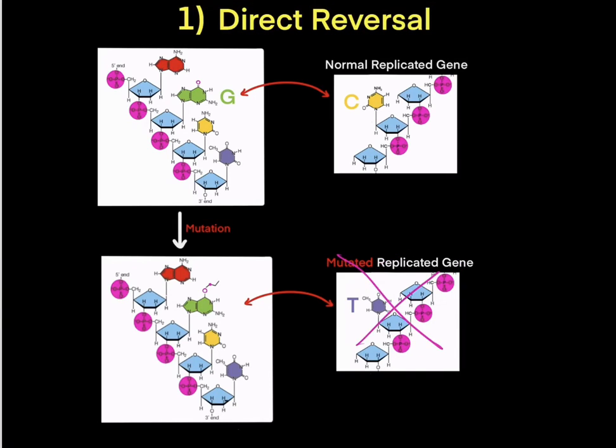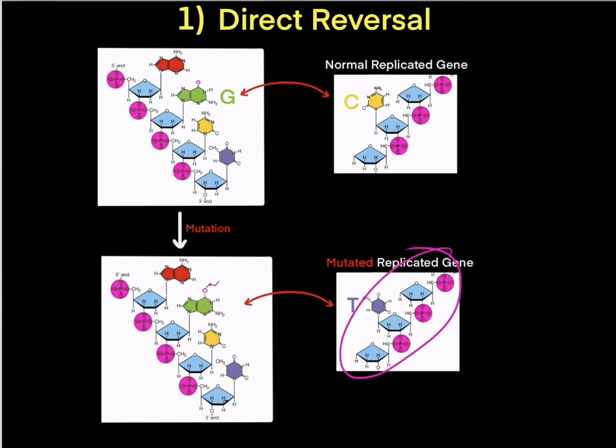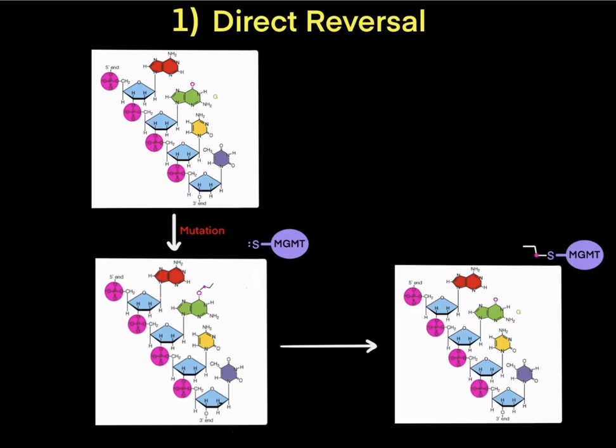So that's bad. This mutated replicated genome will now encode for damaged proteins. This DNA mutation is very bad and dangerous because now the information is lost, which will now create faulty proteins. So we can see it's very dangerous for this nucleobase to be chemically modified and mutated.